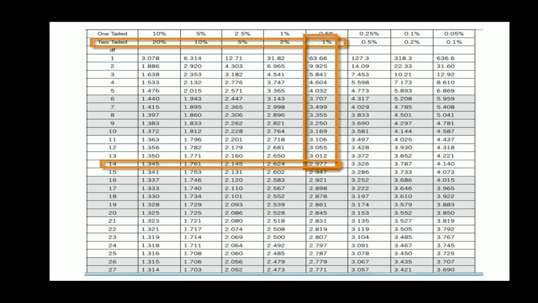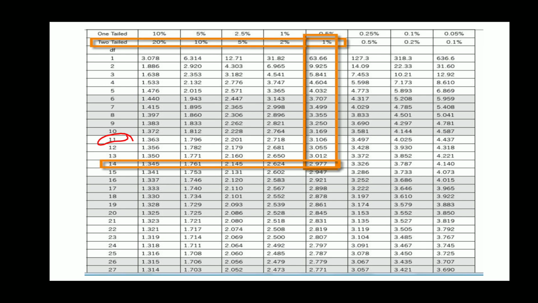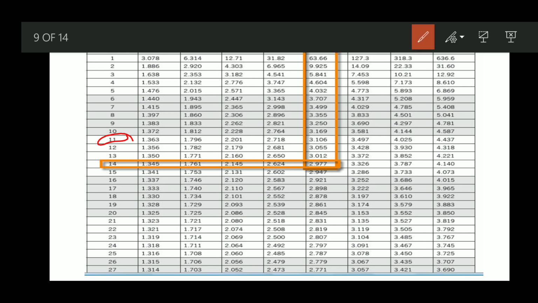In the previous example, the degrees of freedom was 11 and the level of significance 5%.